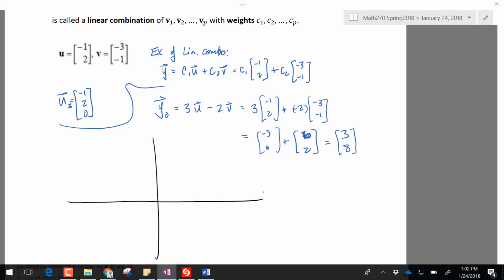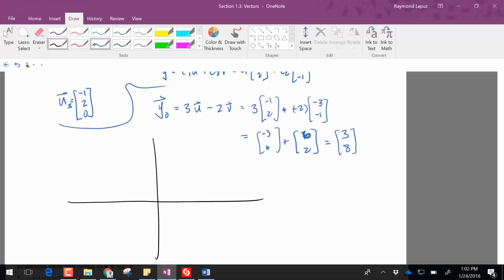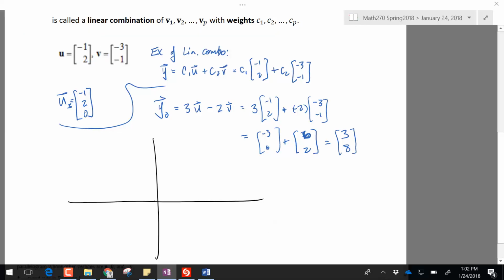So in R2, the first vector u is -1, 2. Let me do that in blue: -1, +2. And then the other vector is -3, -1.